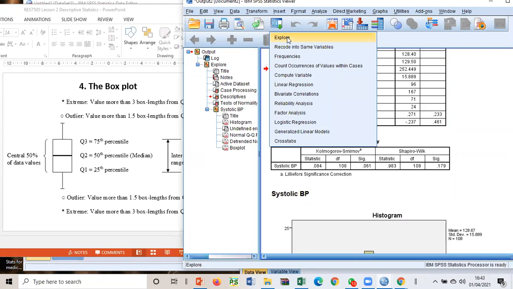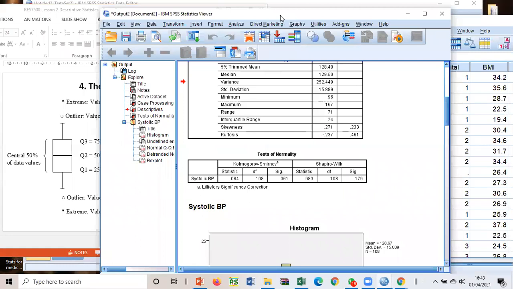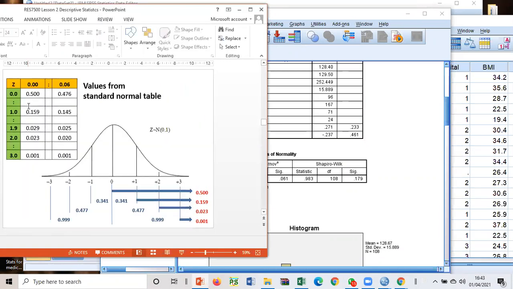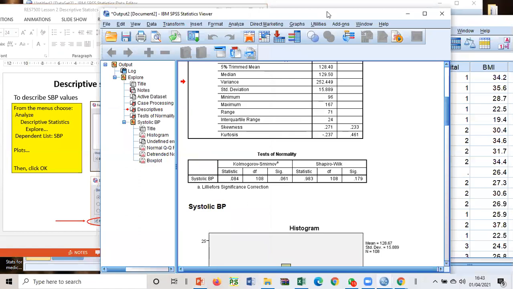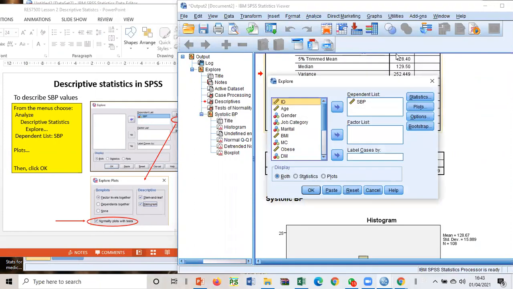Triglyceride. Okay, tell me how to do it. What are the steps? What must I do? Whatever I did just now, same thing. Analyze, Descriptive statistics, Explore.